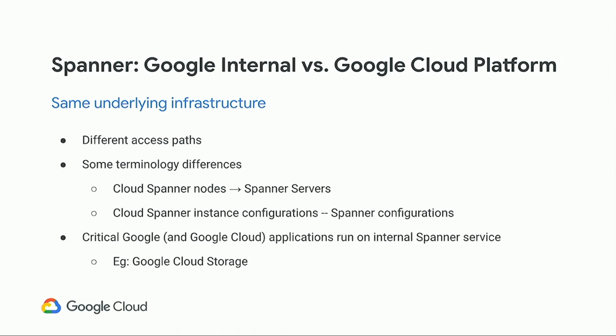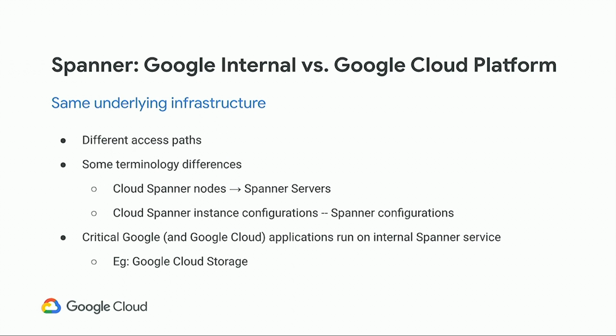Whereas internally, we have our own internal access paths, and we keep the data separated for obvious reasons, right? We don't want to mix external customer data with internal data. So, obviously, all of the security and privacy and compliance aspects apply, but in terms of are you giving me a slightly different version? We're not. We're giving you the same Spanner that we have internally for our critical services.